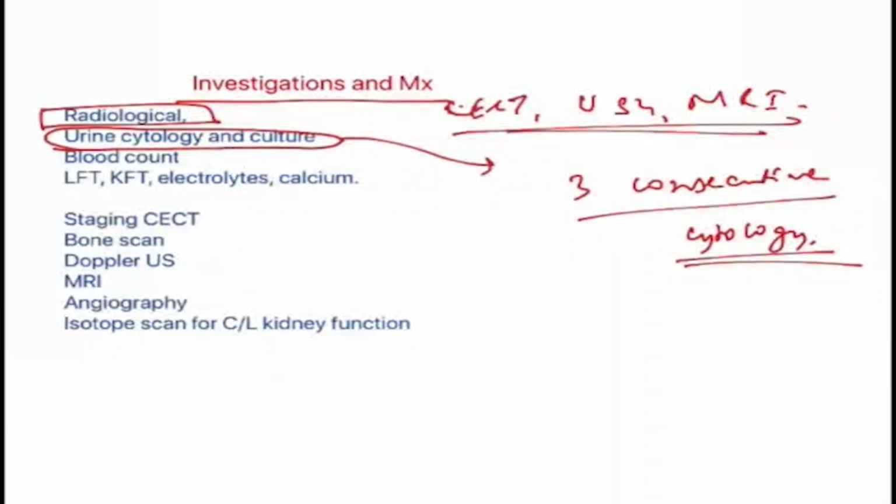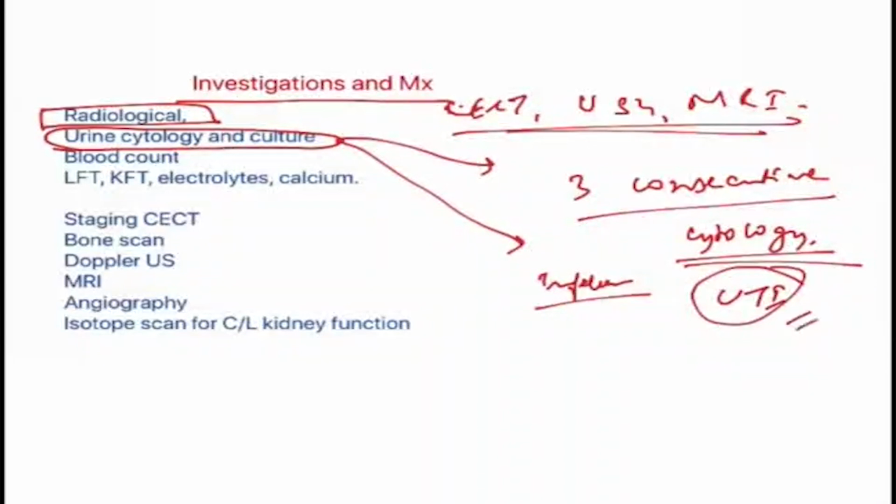Morning urine samples on 3 consecutive days are sent for cytology, as abnormal cells can be seen in urine cytology. Culture is done to see if there is any infection, and UTI is treated according to the causative organism.